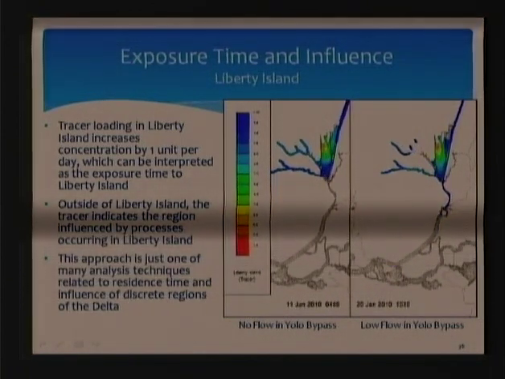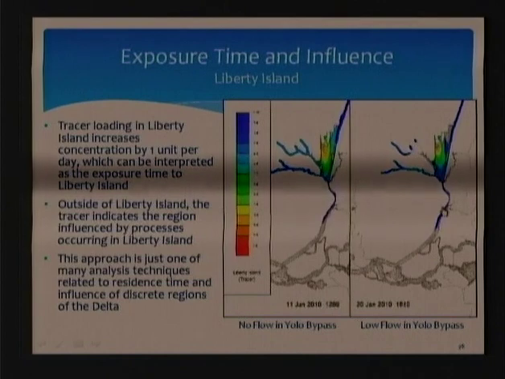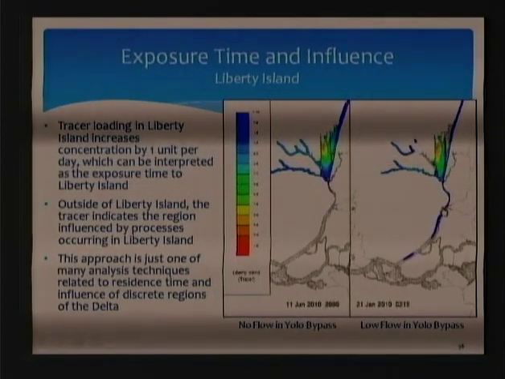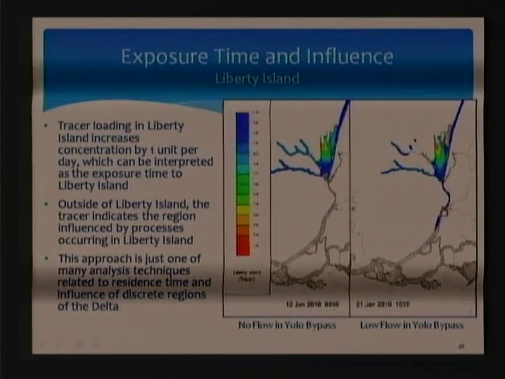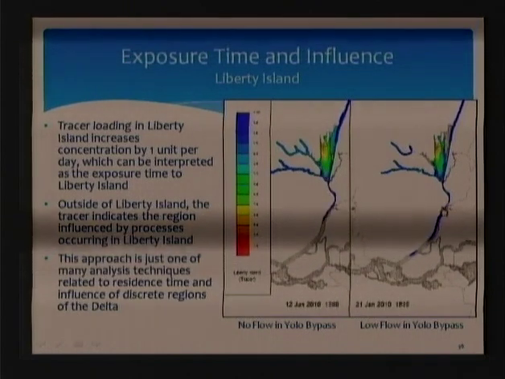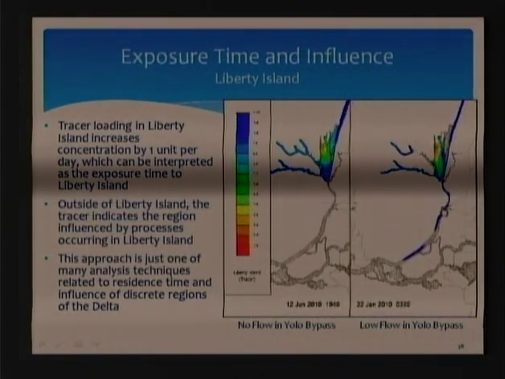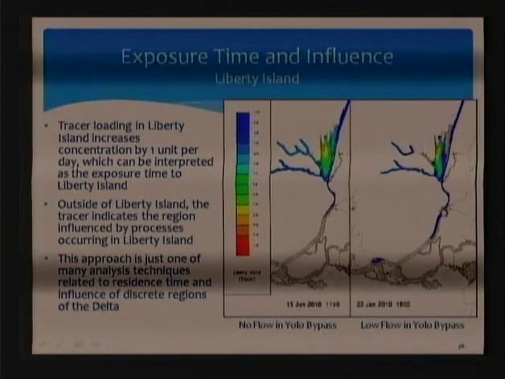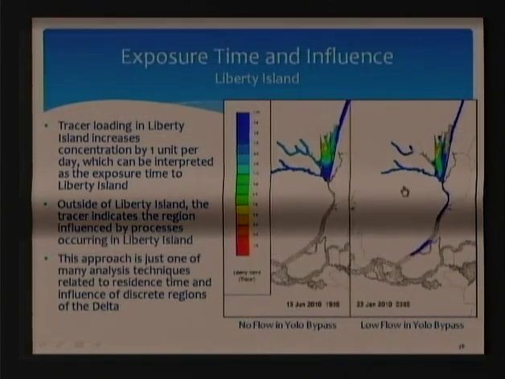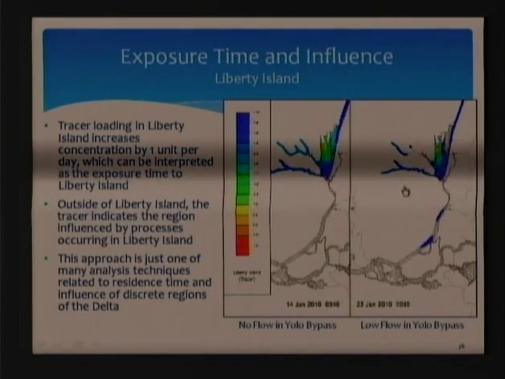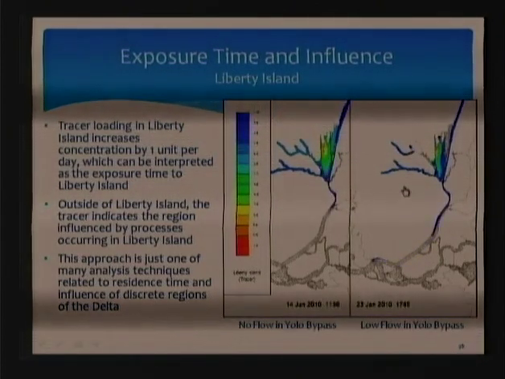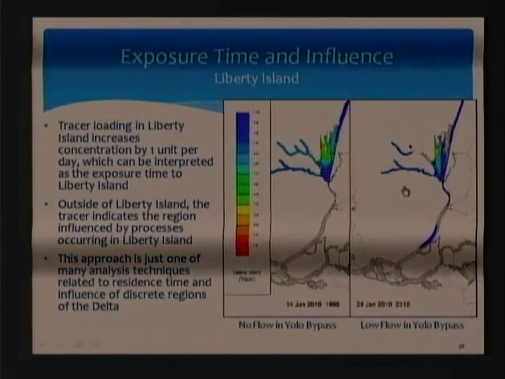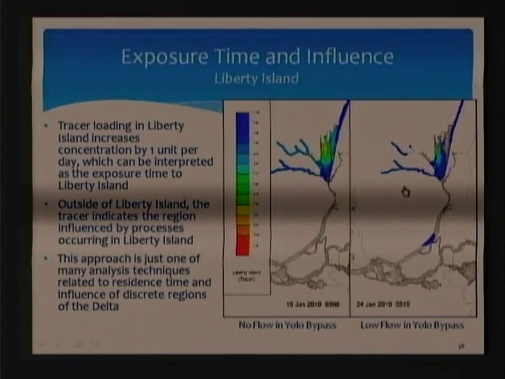How long would material, phytoplankton, zooplankton, eggs and larvae remain in that area? Or how much interaction would they have with other parts of the delta? John mentioned this about the DRERIP exercise for Prospect Island. That's exactly what we were doing there. And this is just one illustration. There's a whole lot of ways to look at the system in this kind of regional influence context, and I think this is going to be a very active area of research.